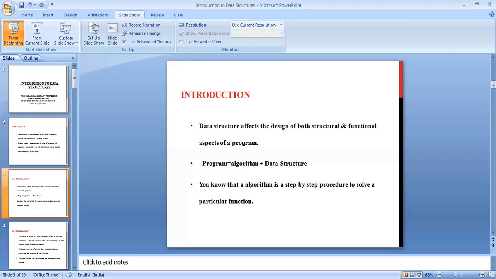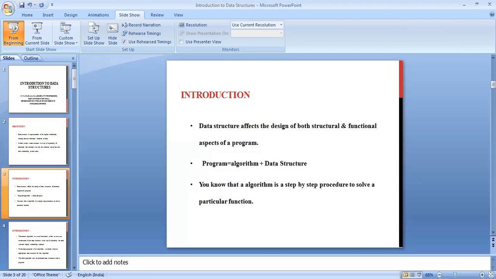Normally we say data structure is a way of organizing all data items, organizing the data and also storing that data in the memory. So that's an important thing, students.